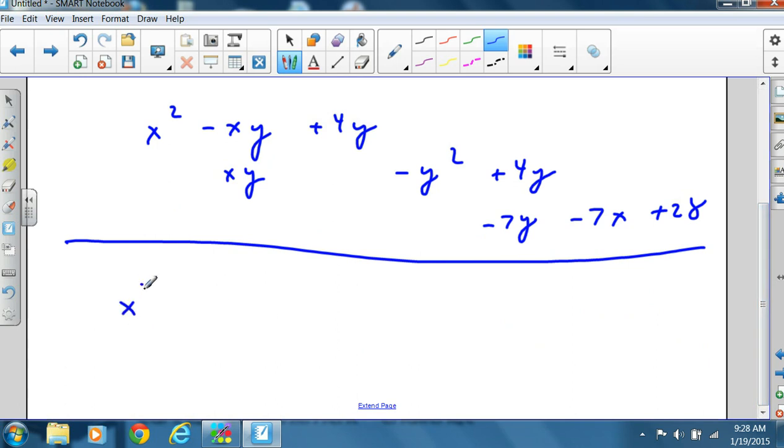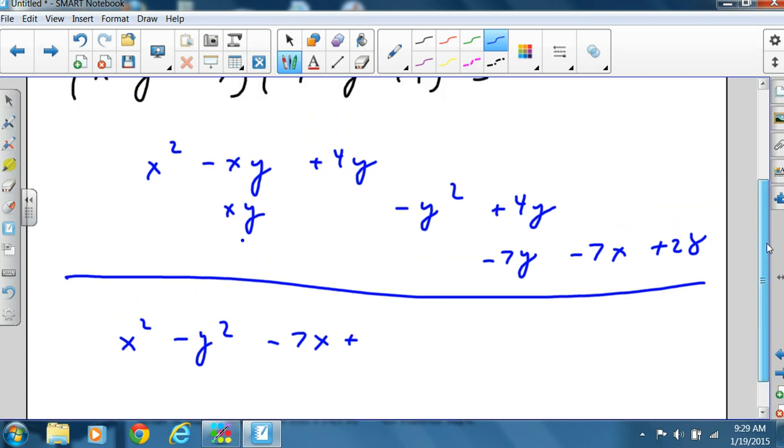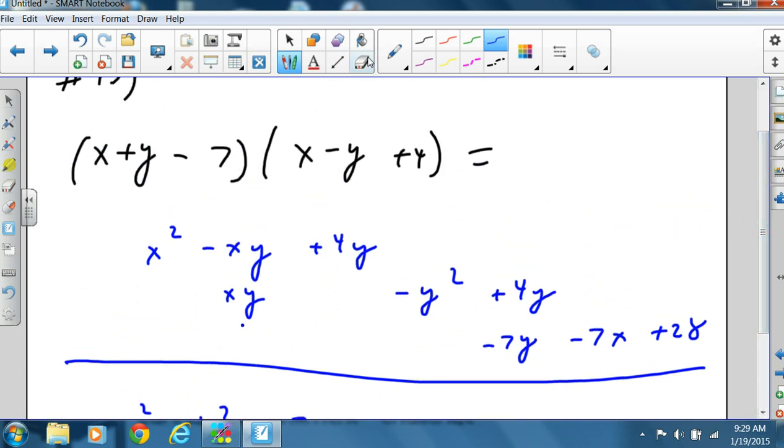And I'm going to have an x squared. That term goes away, so it's a 0. I'm going to have a y squared. I'm going to have a minus 7x minus plus 8y. No, there's a guy there too. I have a 4y. I can't have a 4y. You got it lined up.